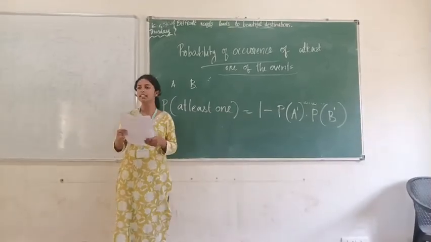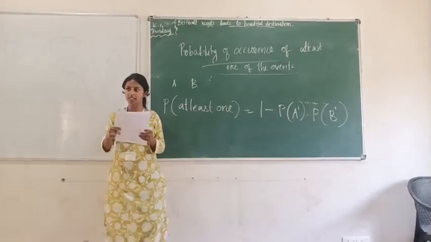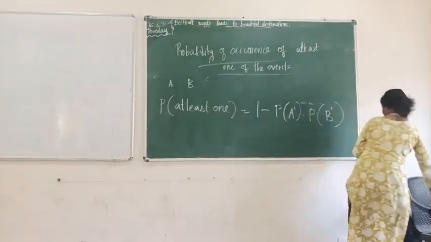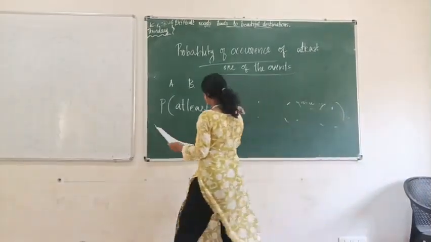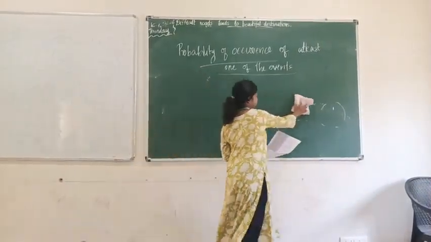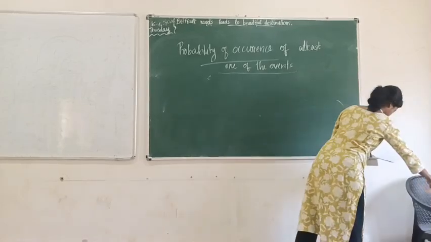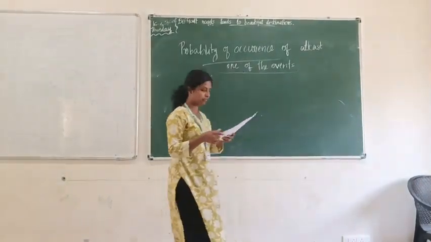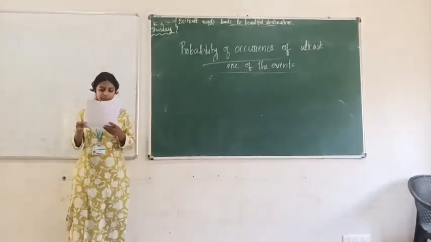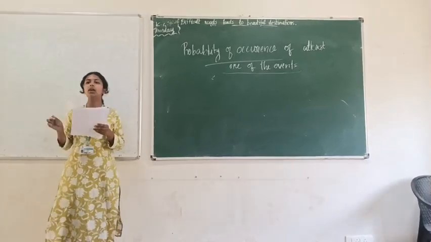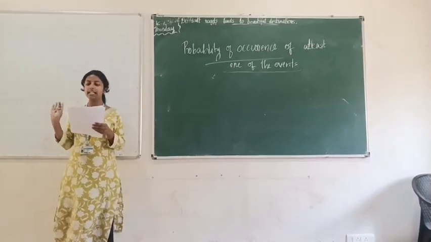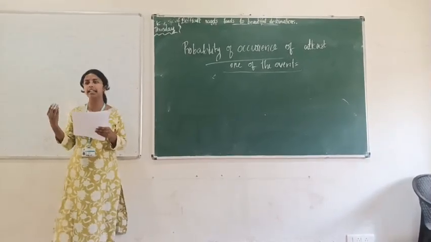Next, we can learn some problems. A coin is tossed 4 times. What is the probability of getting at least one head?